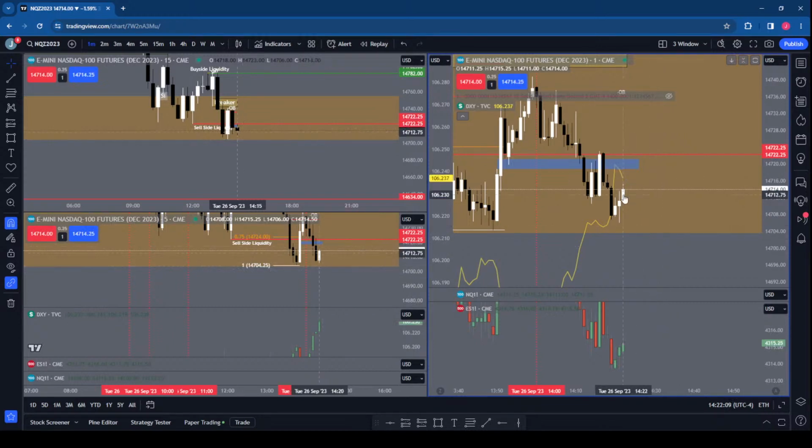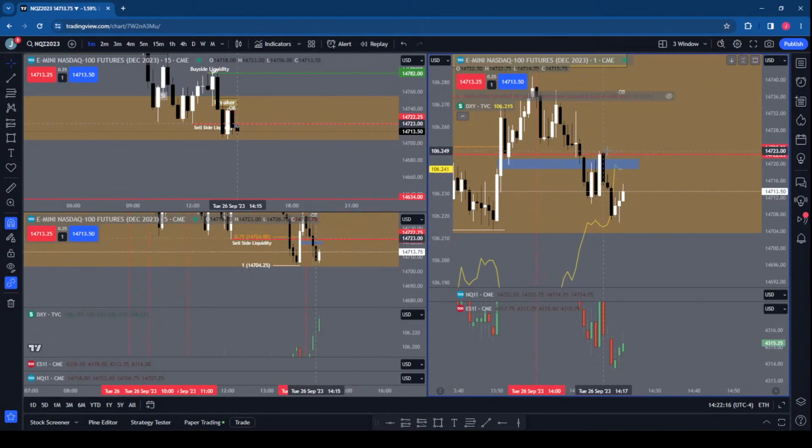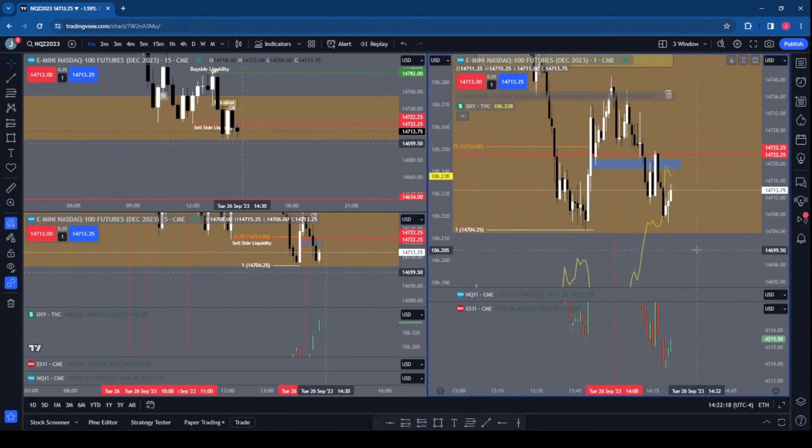Okay, interesting. I want to see how we treat this high. If we come up and take that high, I would not like that for downside price action.